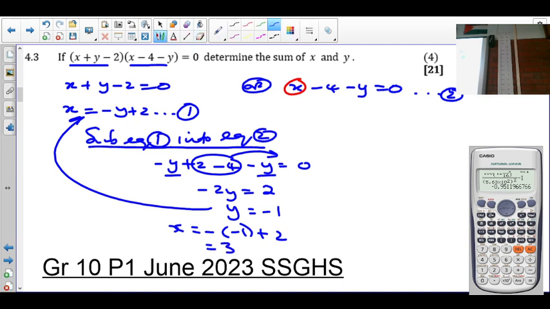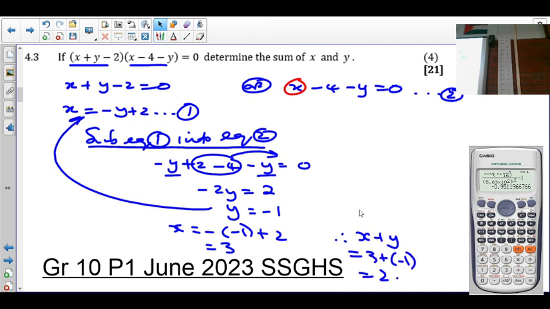Okay. So therefore, the sum of x and y, or x plus y, is equal to 3 plus negative 1, which is 2. But that's why I said, I should have said first determine the values of x and y, and then determine the sum of x and y.